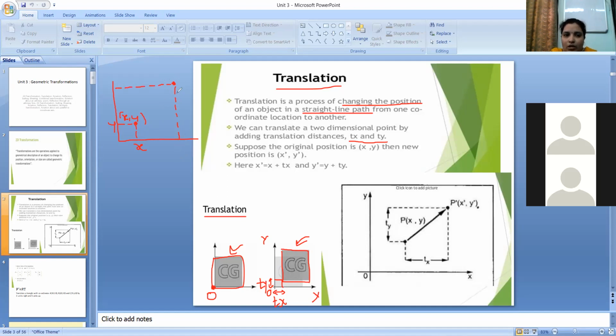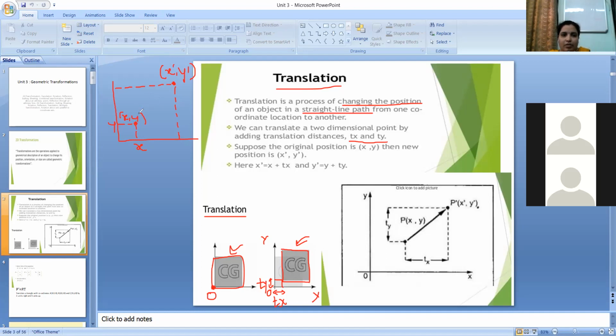So I can call the new coordinates of this point x dash and y dash. Right? Original coordinates were x comma y. Now it has been changed to a new location where the new coordinates are x dash and y dash. So is there any relation between x dash and x, similarly y dash and y? The answer is yes.